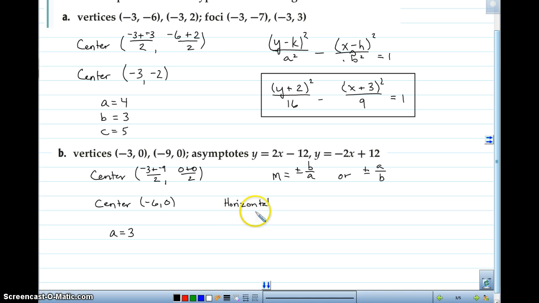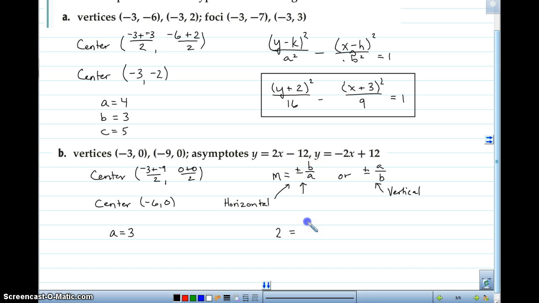So the horizontal hyperbola means that I'm going to go up b and over a. So this one is the slope that you use for horizontal. This one would be the one you would use for vertical. Okay, and I can see in my asymptotes that they both have a slope of 2 or -2. They should be opposites. So I'm just going to use 2 to solve this one.